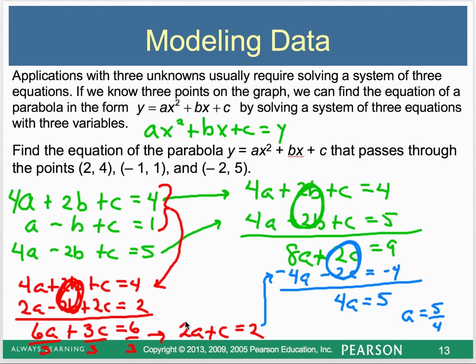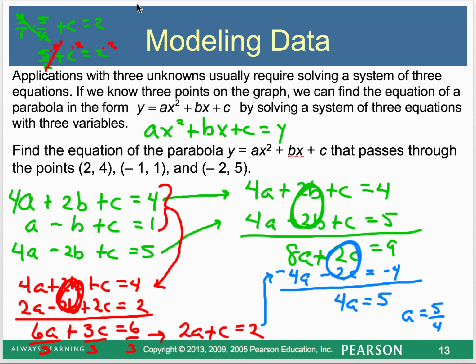If a is 5/4, then I have 2 times 5/4, 5/2, plus c equals 2. I can get rid of that fraction by multiplying by 2, or I can just combine those fractions if I want, since it's already c.